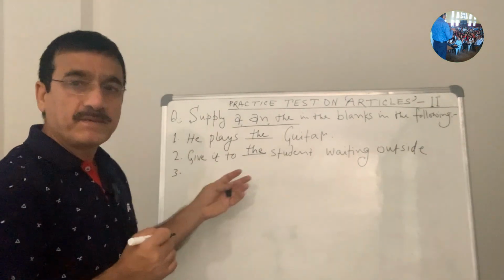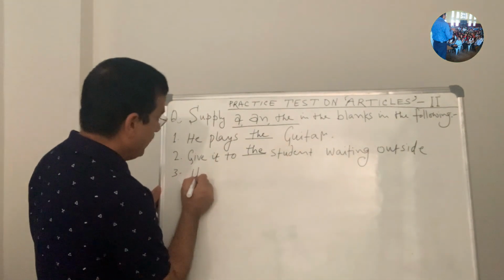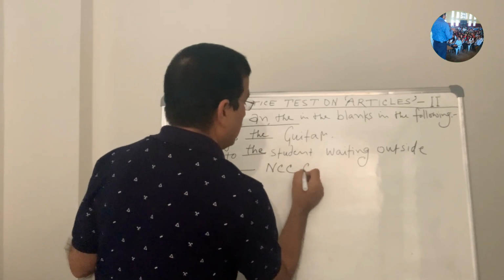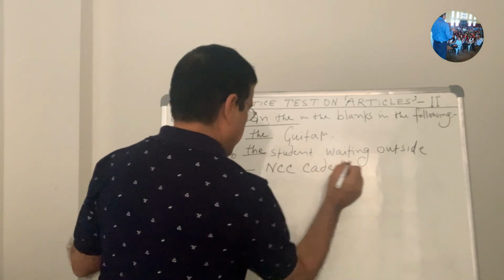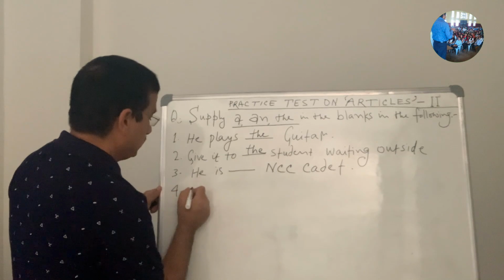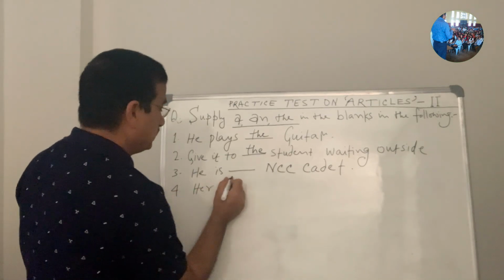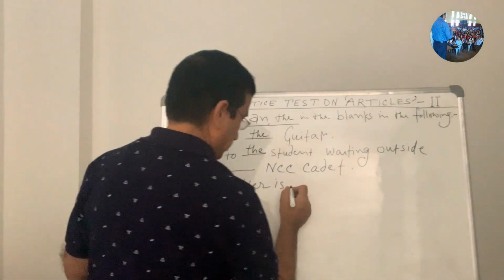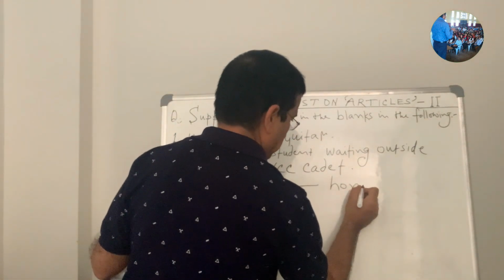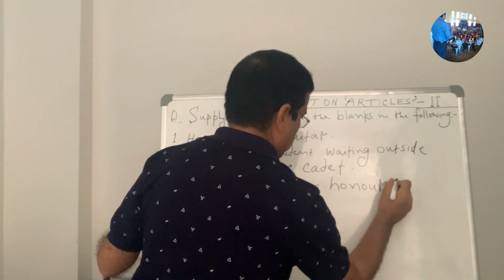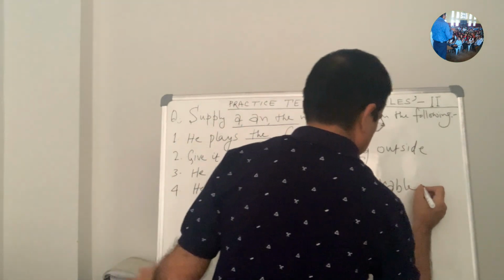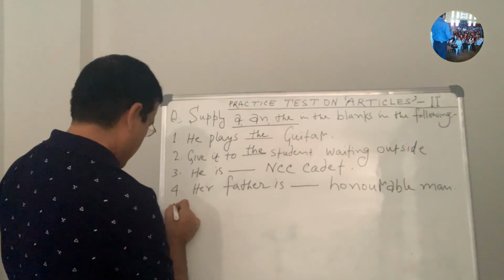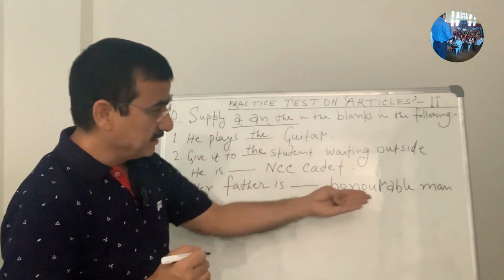Similarly, take more examples here. He is blank cadet. Her father is blank honorable man.